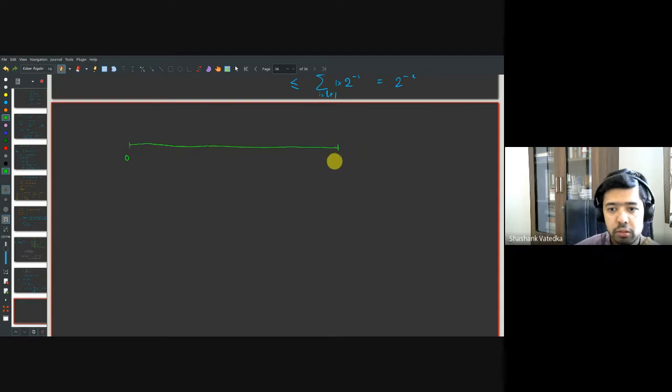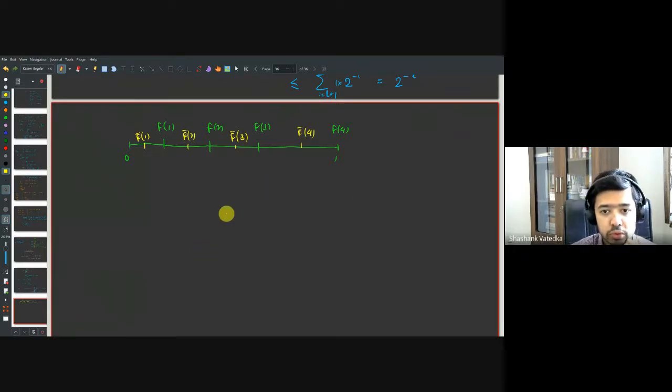So 0 to 1. I'm partitioning this into intervals. This is, let us say, f of 1, f of 2, f of 3, and f of 4, which is equal to 1. This is f bar of 1, this is f bar of 2, this is f bar of 3, this is f bar of 4.